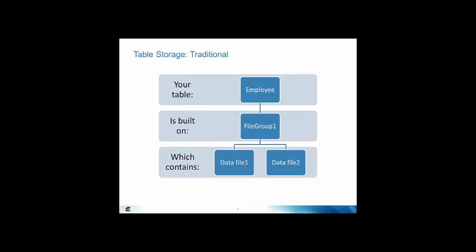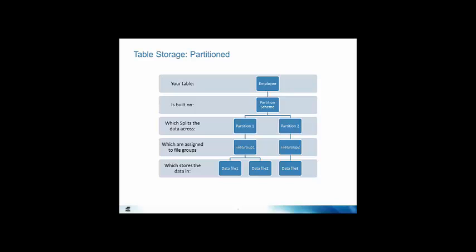But things change with partitioning. With partitioning, our table employee is built on what's called a partition scheme. This partition scheme splits the data across file groups. So we can say, this partition goes to this file group, and that partition goes to that file group.